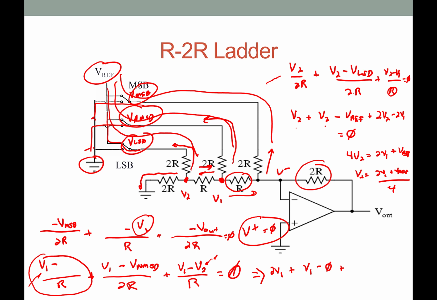And then the last one is plus V1 minus V2 over R. So again, multiplying by 2R, that'll give me a 2 there. So I'll have 2V1 minus 2V2. So 2V2 is going to be 2V1 plus Vref over 2, since it got multiplied by 2.